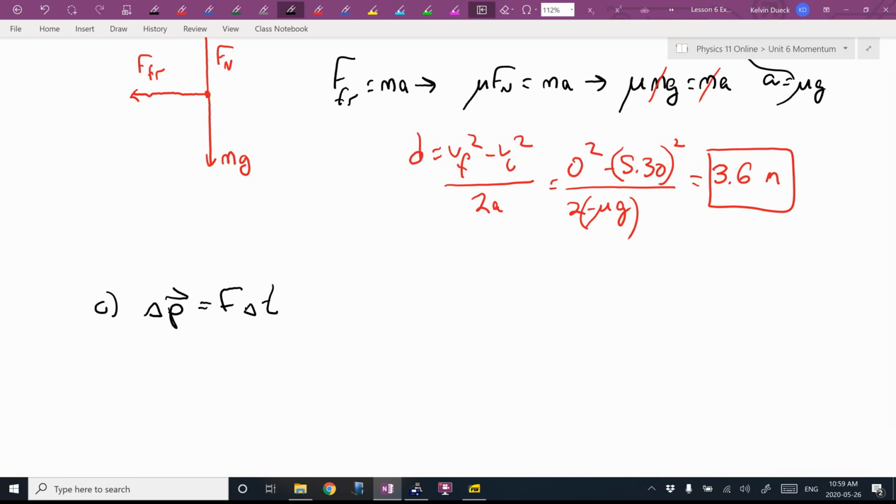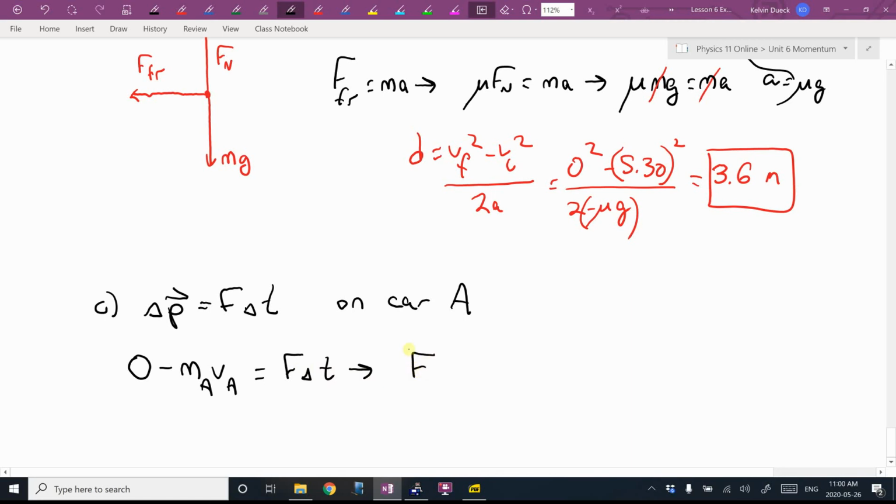And I'm going to use the impulse on car A. I could also do it on car B because forces come in pairs. I'm going to do it on car A. Easy peasy. So, let's see. The change in momentum for car A was its final velocity, 0, minus its initial velocity. That equals force times time.